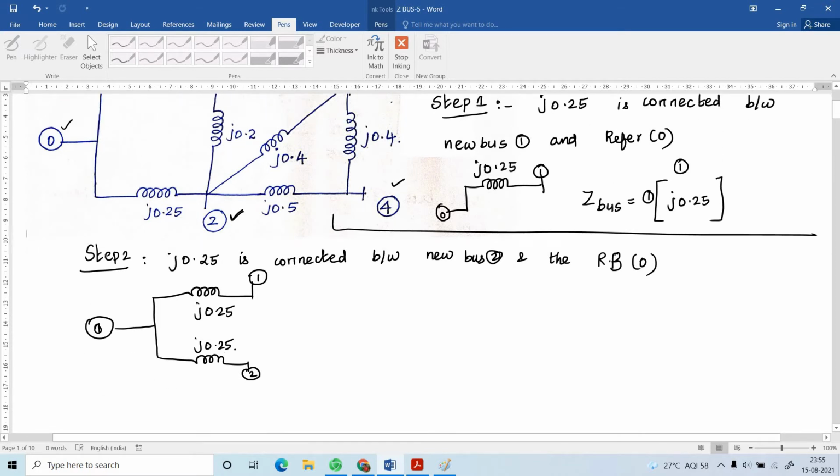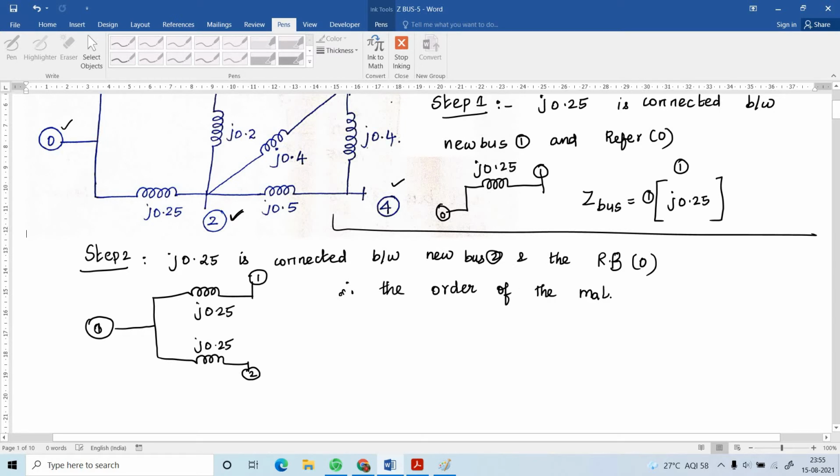See here, one new element is added. So the order of the matrix is increased by 1. A new element is added and also a new bus is added. Therefore, the order of the matrix is increased by 1.